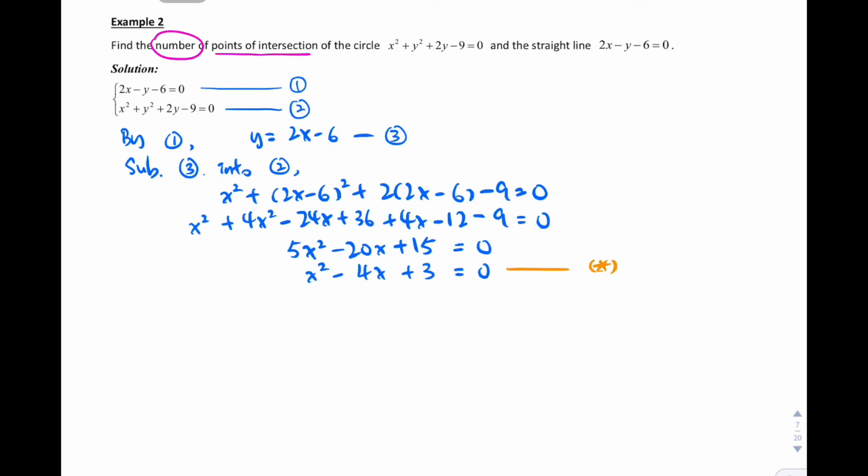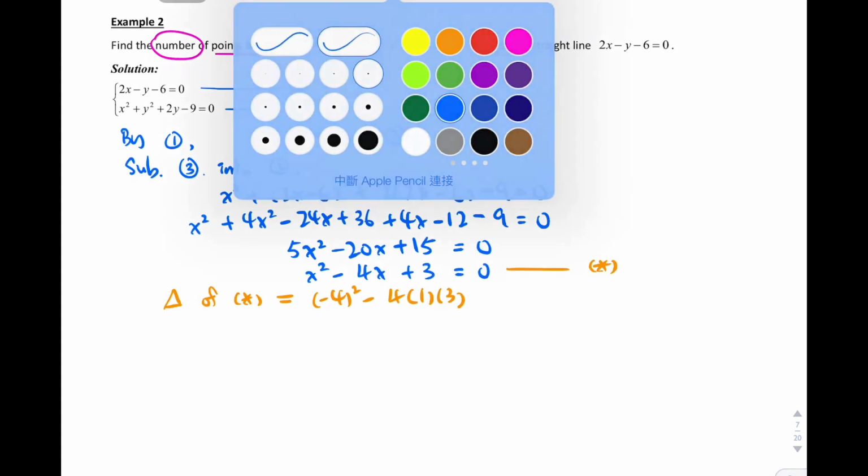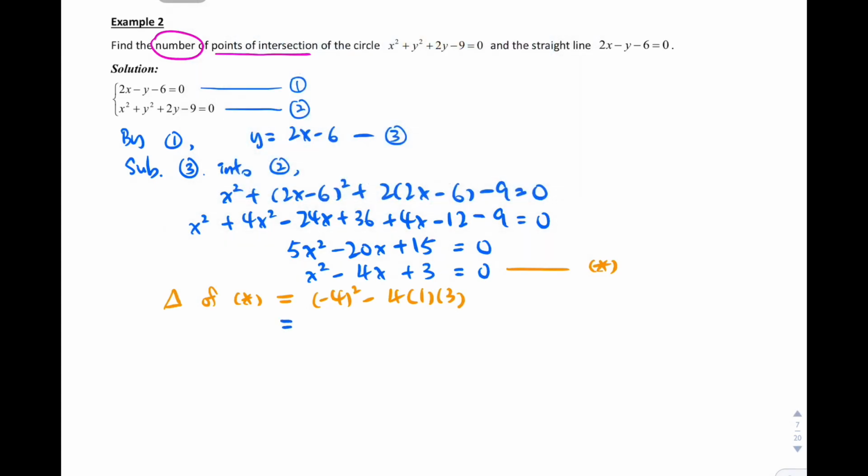But you are not asked to find the coordinates. So we just consider the discriminant of this quadratic equation. And this is equal to b squared minus 4ac. So the value of the discriminant is 4. And this is greater than 0. So you can conclude there are 2 intersections.